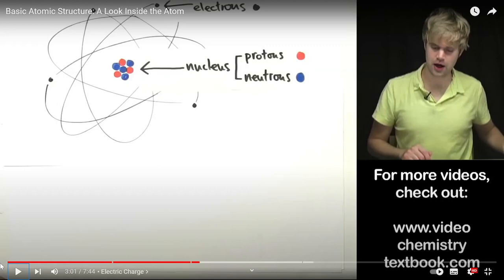Tell your partner what you think is going to go in those little brackets. Tyler was just talking about electrical charge, so see if you can figure out what's going to go in those brackets.